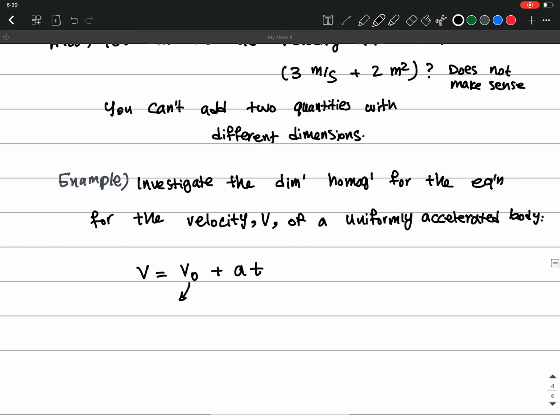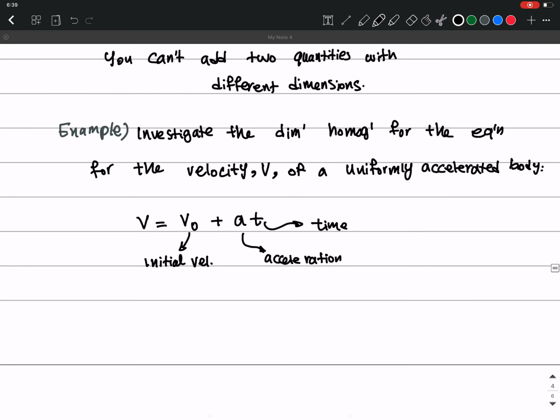So V naught or V0 is initial velocity, A is acceleration, and T is time. Okay? So in terms of dimension, in order to investigate the dimensional homogeneity of that, we should write it in terms of dimensions.